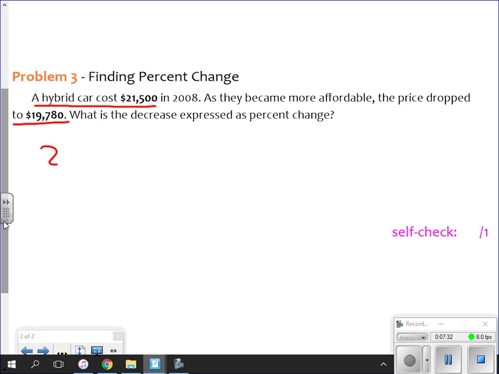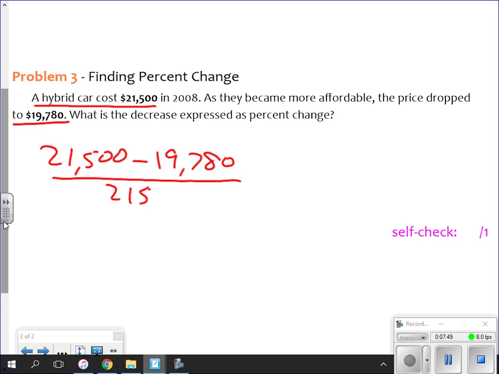The big one, 21,500 minus the little one, 19,780, divided by the original amount. What's the original amount? 21,500. That's probably the most important thing, being able to make sure you get that right. Times 100.